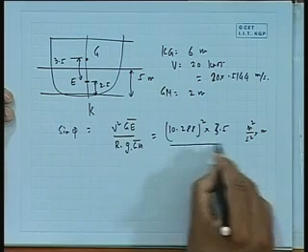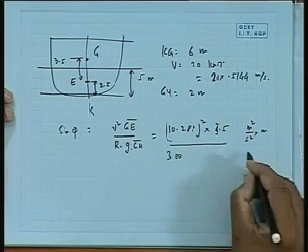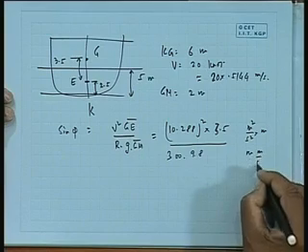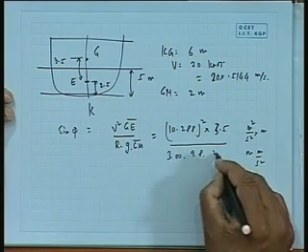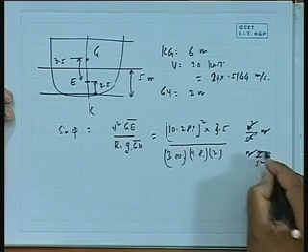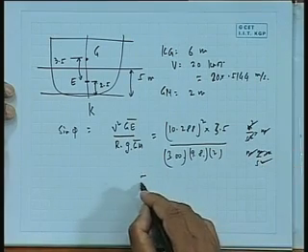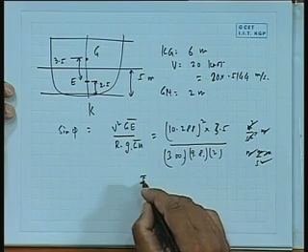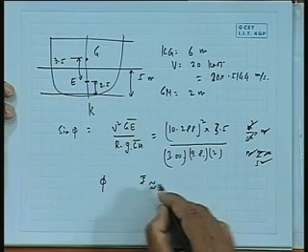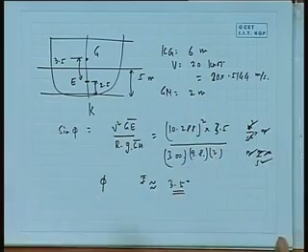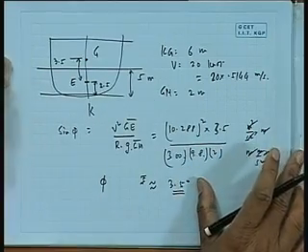R is 300 meter here. G is 9.8 meter per second square, GM is another 2 meter. So you see this all matches. This will turn out to be some number. So from there it will turn out that phi is approximately 3.5 degree. You can just work it out, it is of this order.